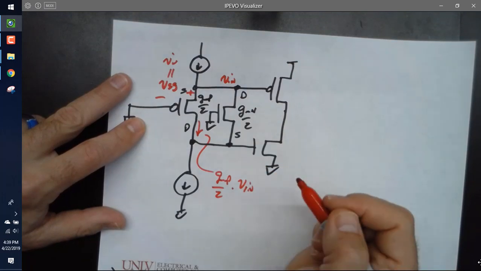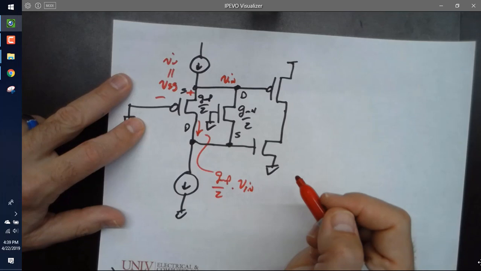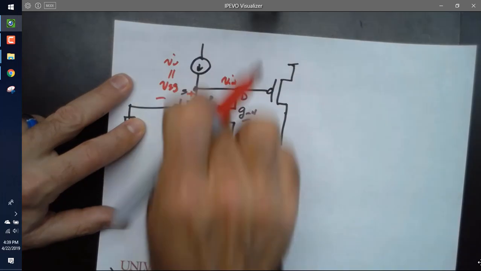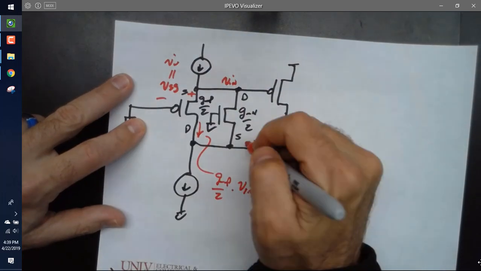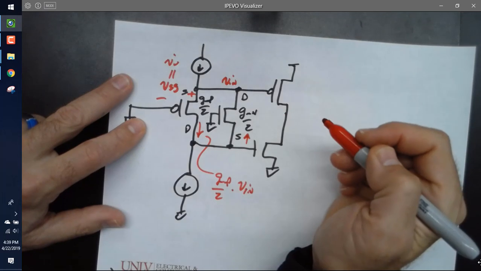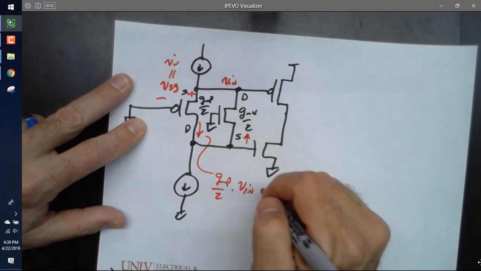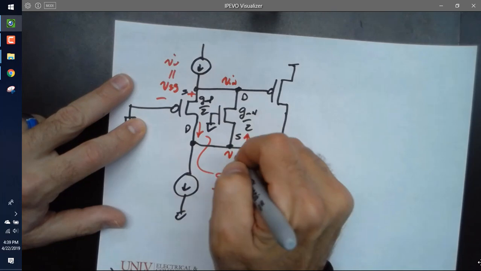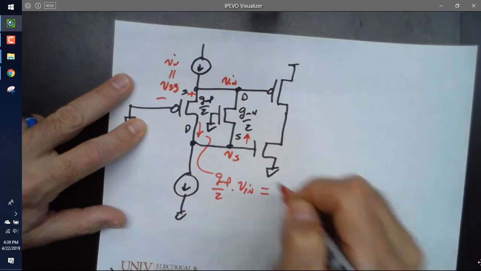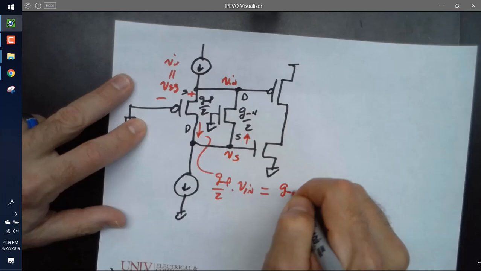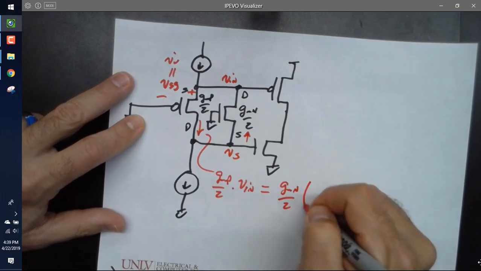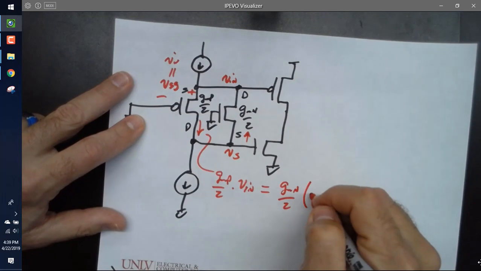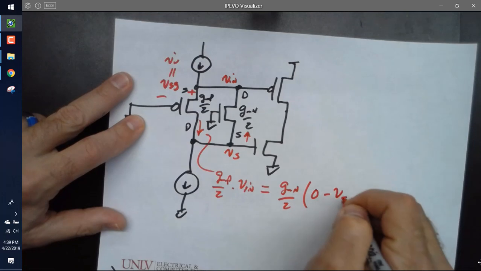Would everybody agree with that? But hey, I got a current source here and a current source here, so that means this current has to flow up like that. So it has to be equal to, and we'll call this VS, GMN over 2 times V 0 minus Vs.